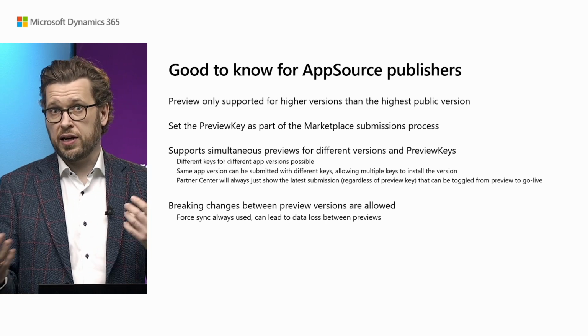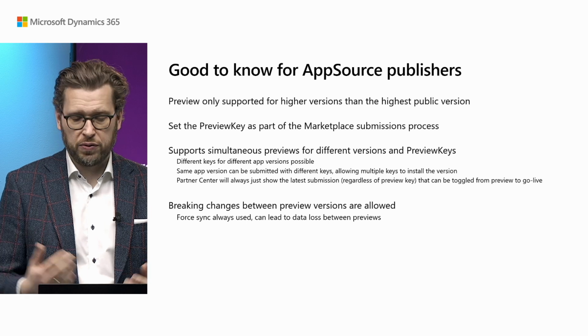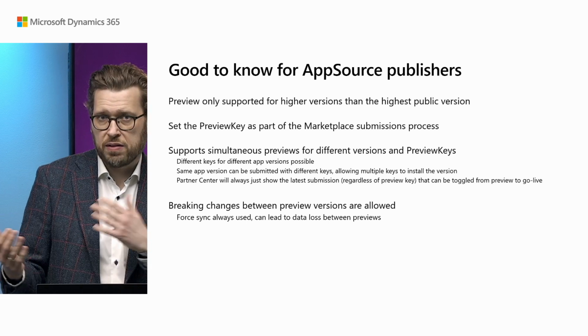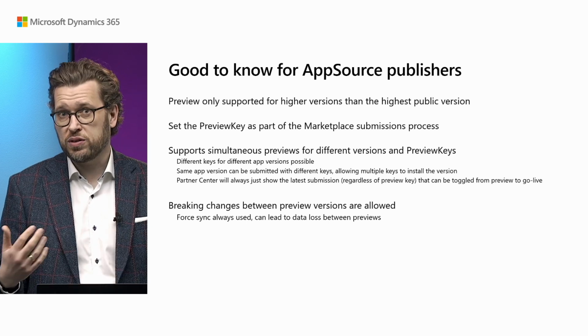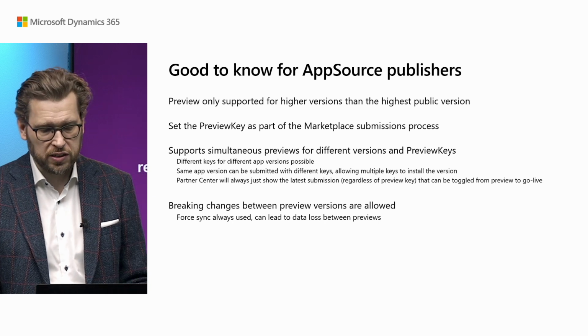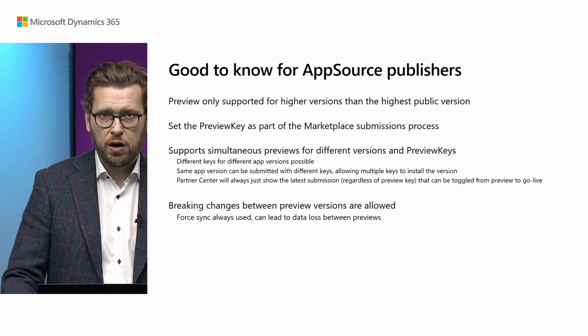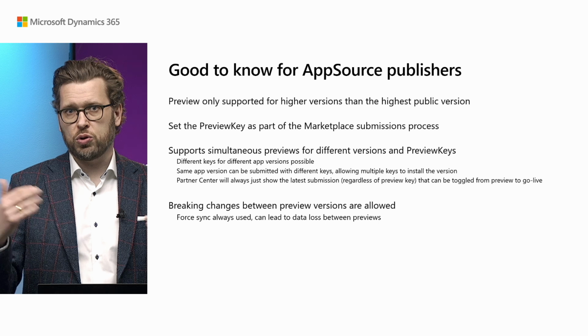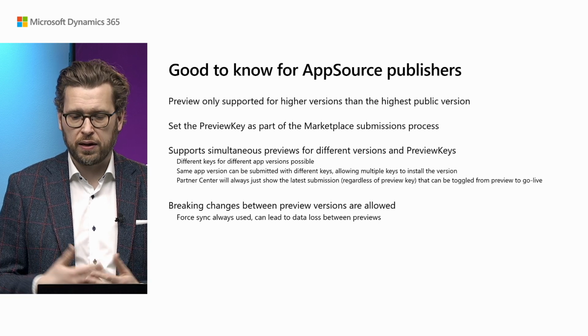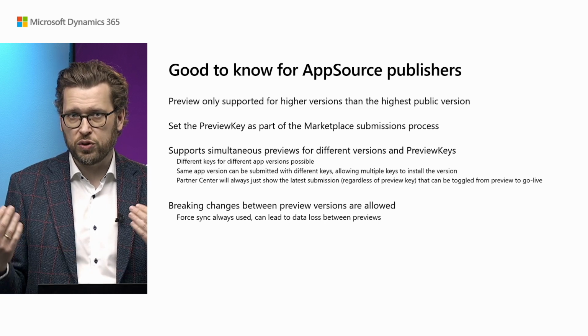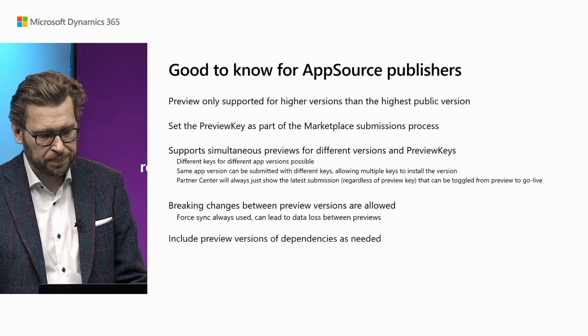That of course means that there could be data loss between previews, but they're right now supposed to run on sandboxes for testing out this functionality, so that ought to be okay. Of course, when you go to public, your apps still need to be compliant with the previous version and going forward as well.